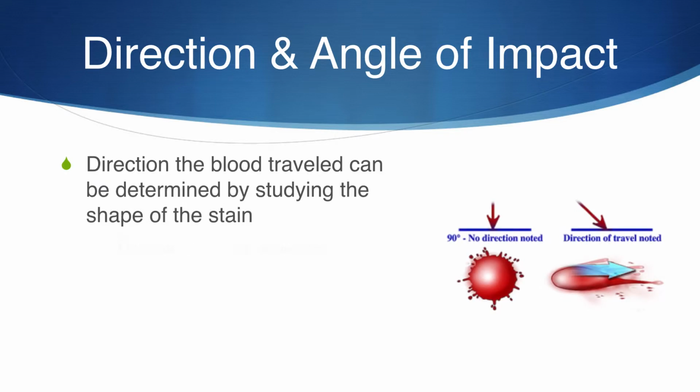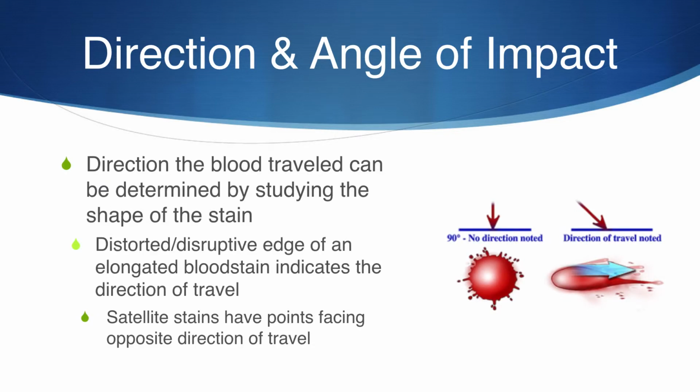Another piece of information that can be taken from bloodstain patterns is the direction the blood traveled, and this is obtained by studying the shape of the stain. So distorted or disruptive edges of an elongated stain indicate the direction of travel.